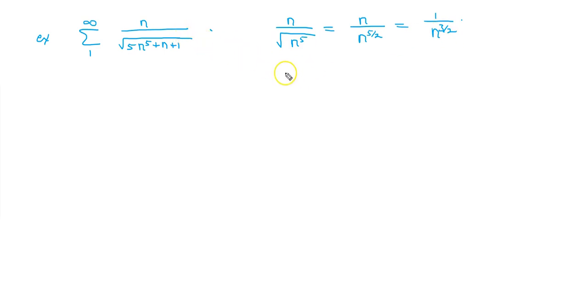So now notice that the summation 1 over n to the 3 halves, that actually does converge because the p is 3 halves, which is bigger than 1. So if our limit comparison is successful here, looks like we're going to be concluding that this converges.